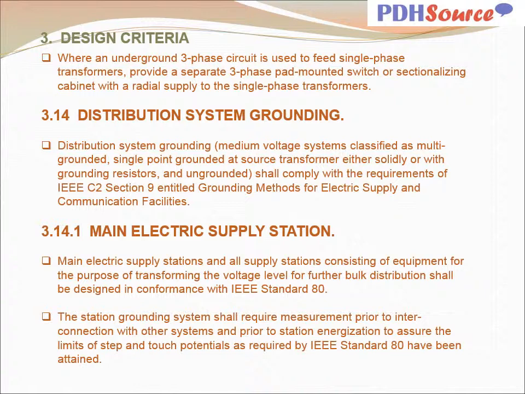Main electric supply stations and all supply stations consisting of equipment for the purpose of transforming the voltage level for further bulk distribution shall be designed in accordance with IEEE Standard 80. The station grounding system shall require measurement prior to interconnection with other systems and prior to station energization to assure the limits of step and touch potentials as required by IEEE Standard 80 have been attained.